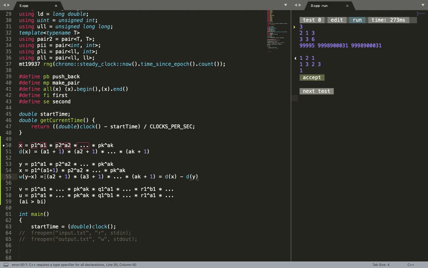We can either deduce it from these formulas, where for x it will be a1 plus 2 here and everything else here, and for y it's just this, and when we subtract them, all this will remain the same and here we will have 1, giving this formula. Or it's actually pretty simple. All the divisors of y are divisors of x, so the number of divisors of x that are not divisors of y is just the number of divisors of x minus the number of divisors of y.